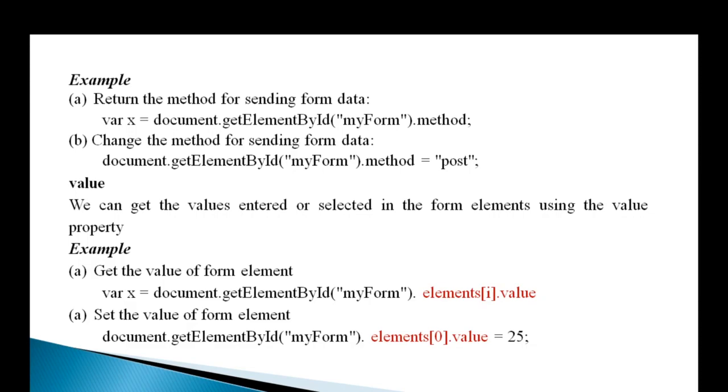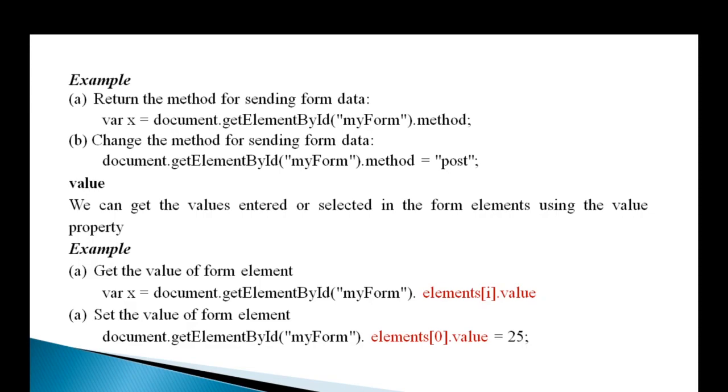It returns the method for sending form data. We use document.getElementById().method. For changing the method of sending form data, we use post. Here I am using post: document.getElementById("form").method equals post.